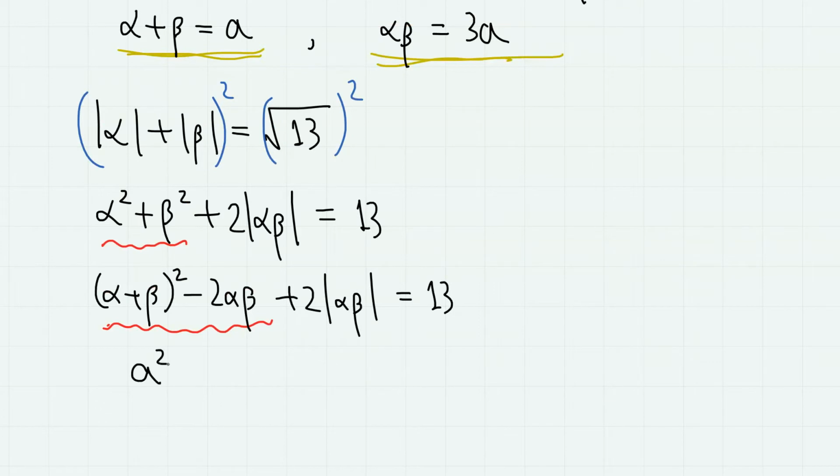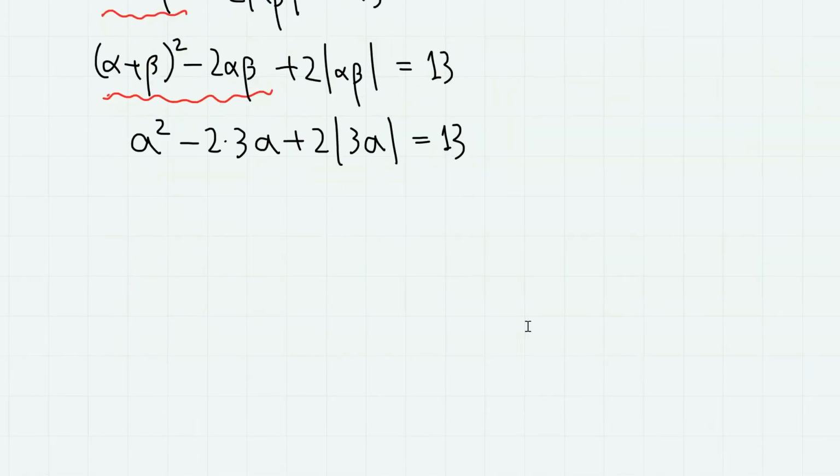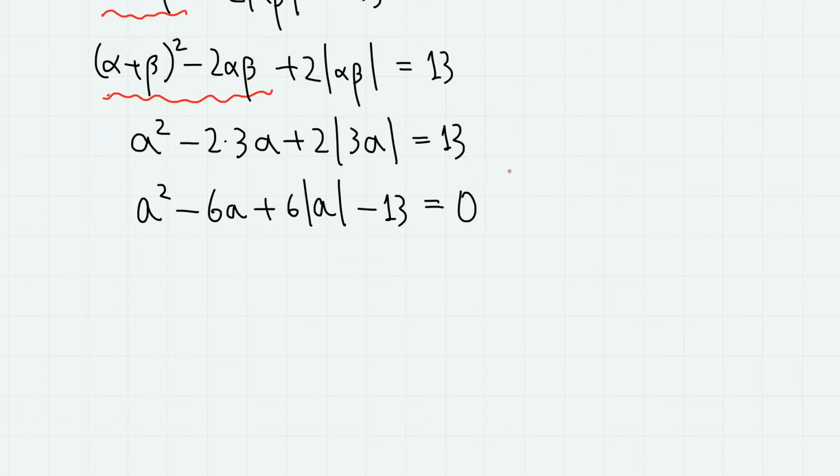So we have a squared minus 2 times 3a plus 2 times absolute value of 3a equals 13. So we have a squared minus 6a plus 6 absolute value of a minus 13 equals 0. So the conditions containing alpha and beta are now expressed as the condition with only a.